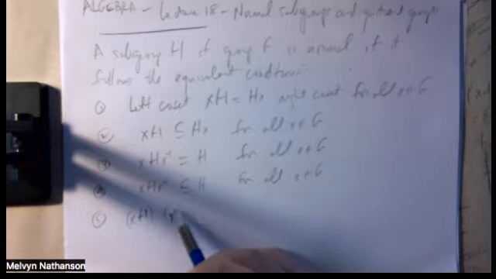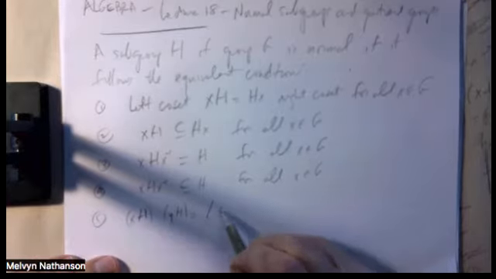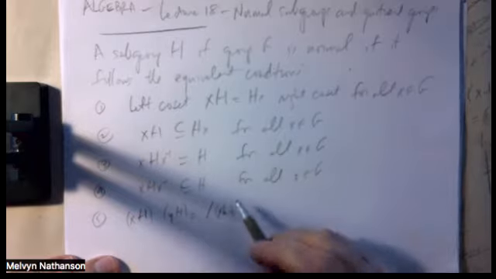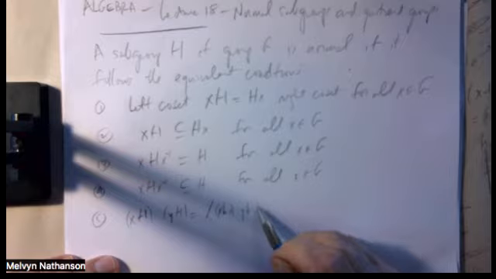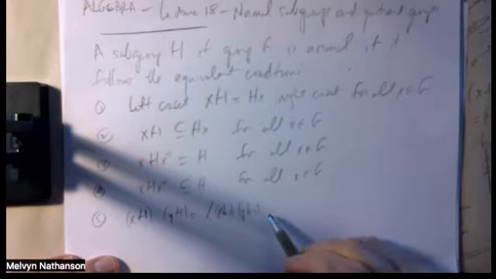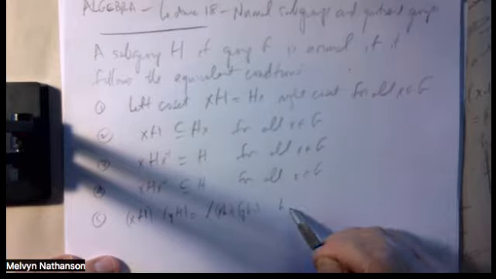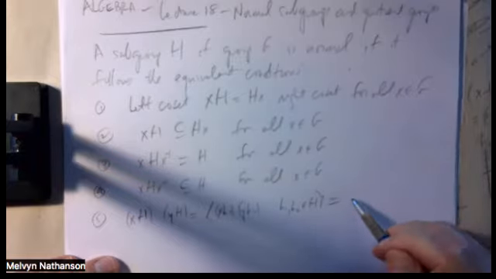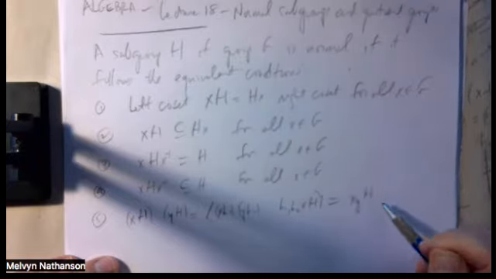And the fifth, which is very important, is if I take the left coset xH and the left coset yH, and I take the product of these two sets, so this is everything I can write in the form an element in xH, xh1, times an element in this left coset yH, so yh2, for all h1, h2 in H, this is the same as the left coset xyH.